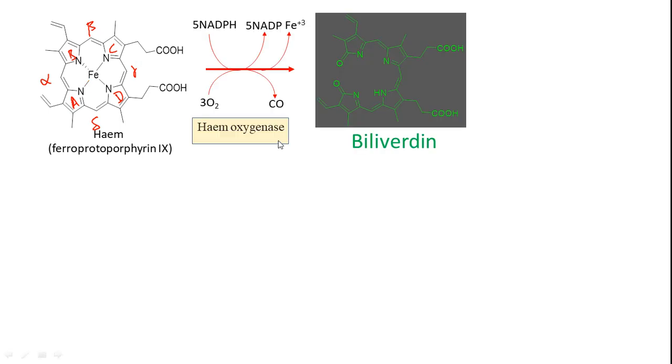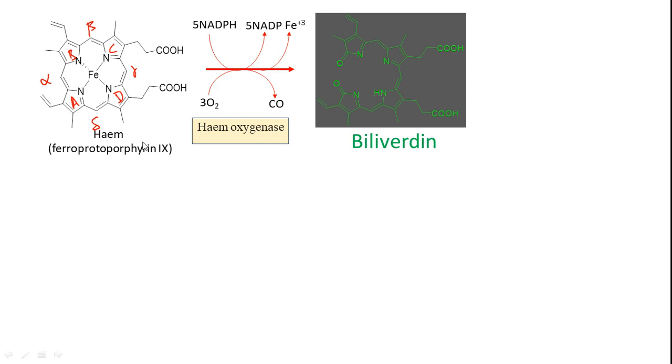That's the reason why this is the D ring, where exactly the change happens, and this is the A ring, B ring, C ring. The connection between A and B, this methane, is the alpha position, this is beta, gamma, and delta position. This is the way we can designate the placements, so that we can easily understand how the degradation is happening.